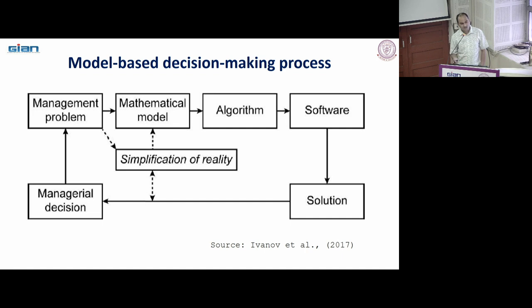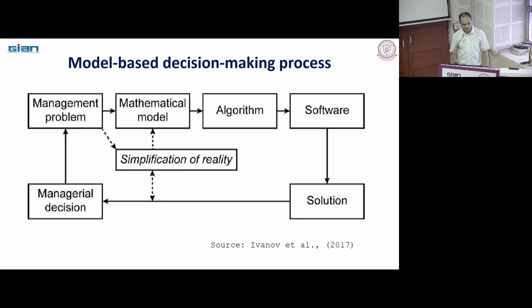Then you need some software to input the data. Then you get the solution. You need to find some insights from that solution, and then you discuss your insights with the management. So, simplification of reality. When you develop the mathematical model, what do you do basically, guys?